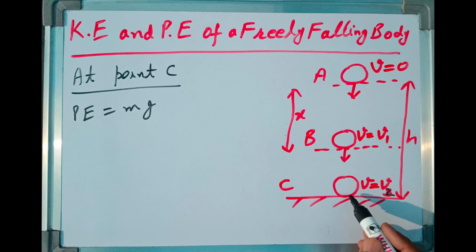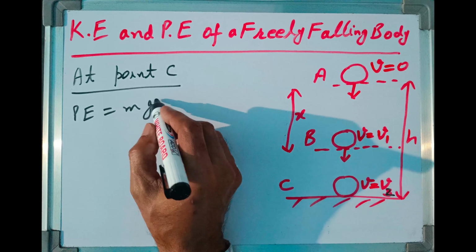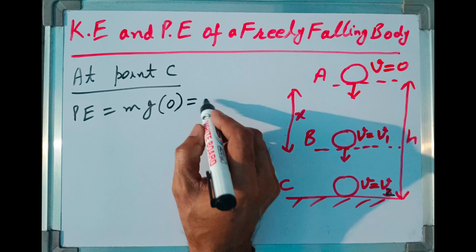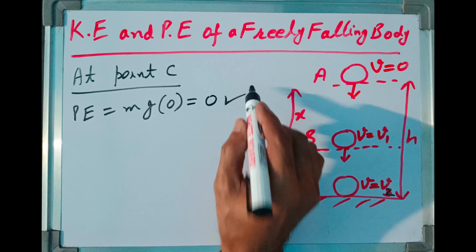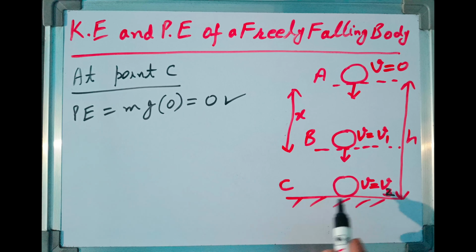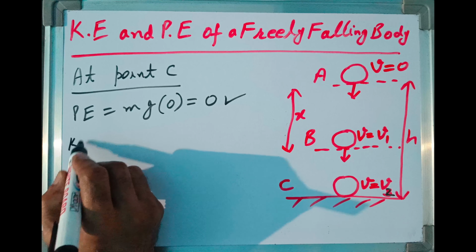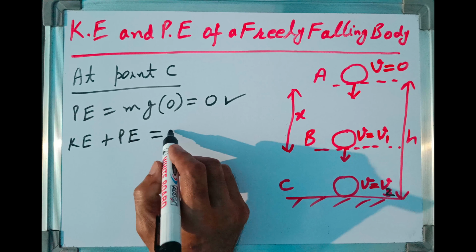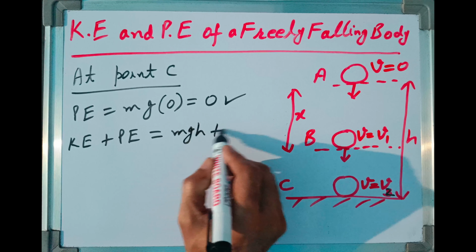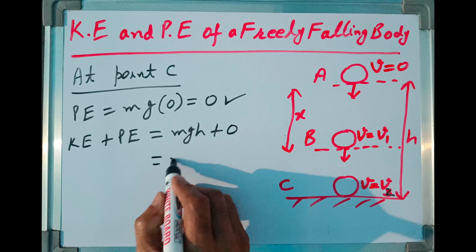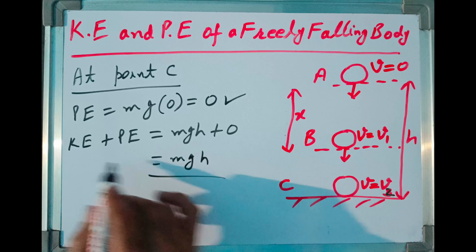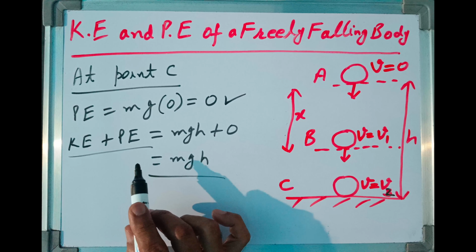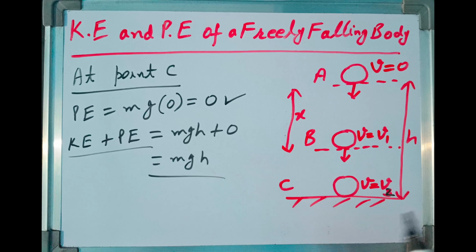When the body is at point C, its height from ground level becomes 0. So we are left with mg into 0, that is 0. So we have found potential energy as well as kinetic energy at point C. So sum total of two types of energies, kinetic plus potential, will be equal to mgh plus 0, that is equal to mgh. So we have found sum total of kinetic and potential energy at all the 3 points, point A, point B and at point C.